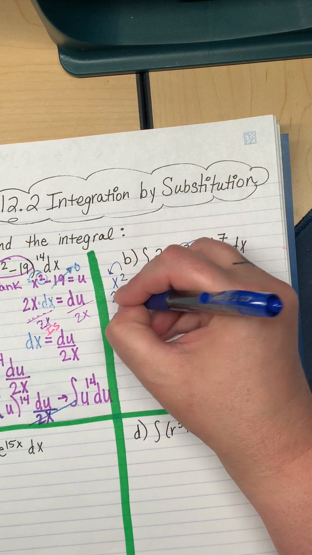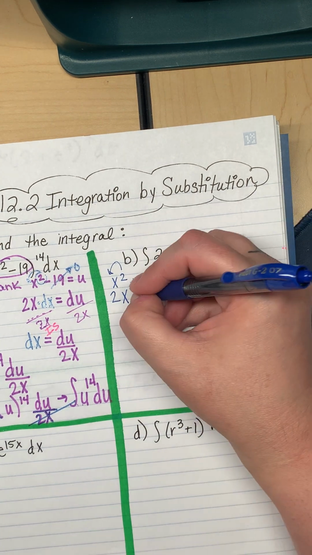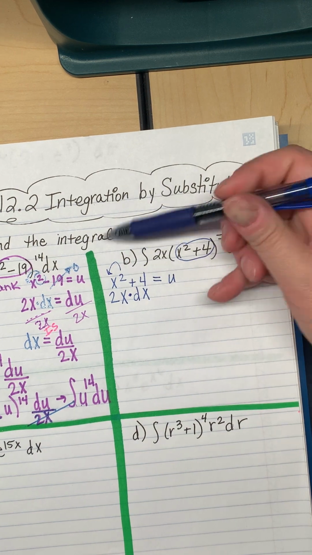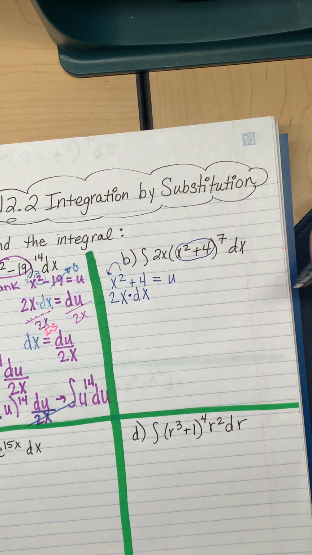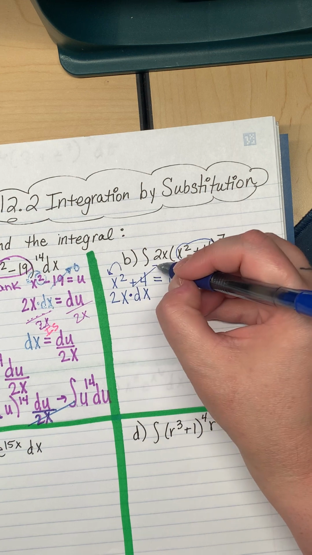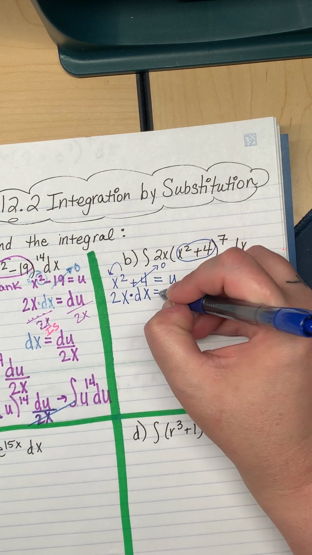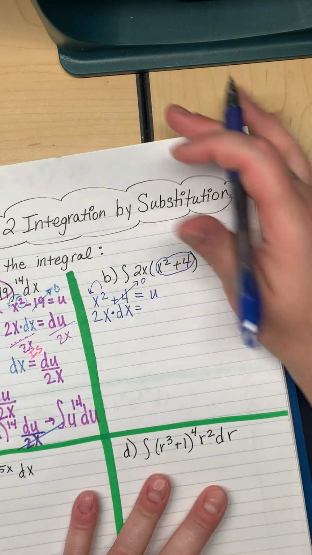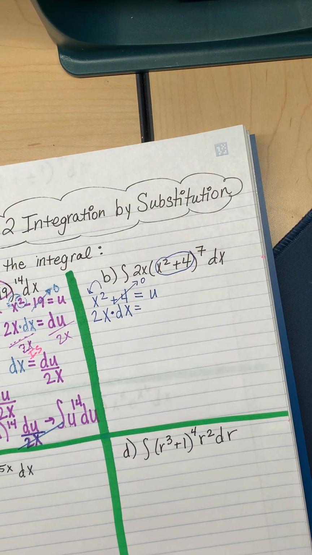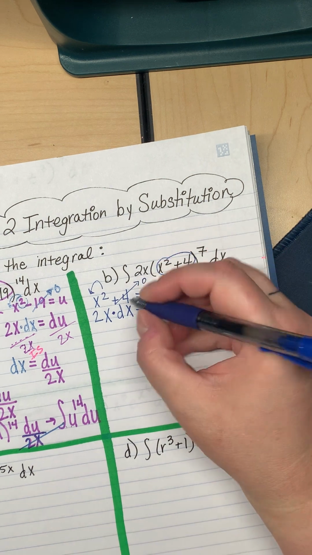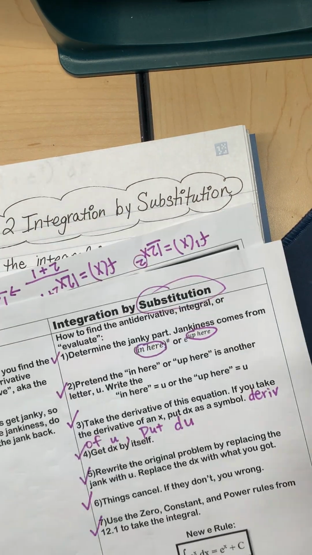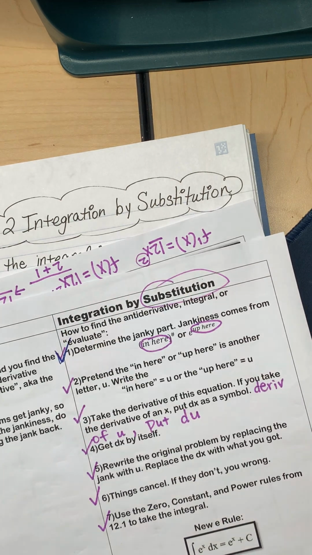And you get 2x to the 1 times dx, because every time you take the derivative of a letter, you put d and then that letter. The derivative of a 4 goes to a 0. The derivative of a u is a 1. But every time that you take the derivative of a letter, you have to put d and then that letter. So du.